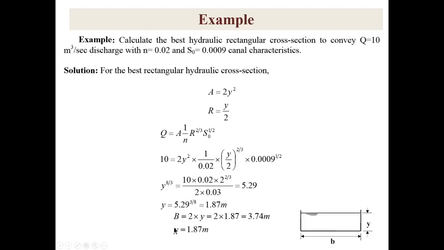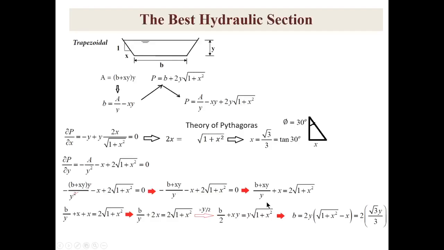Therefore, these two values are the characteristics of our economic rectangular cross section. However, when we are going to construct such a section, never forget that we should consider a freeboard to be ready against unwanted situations.